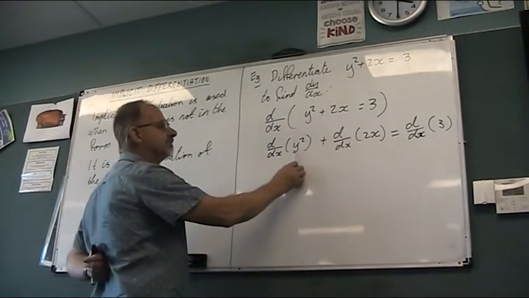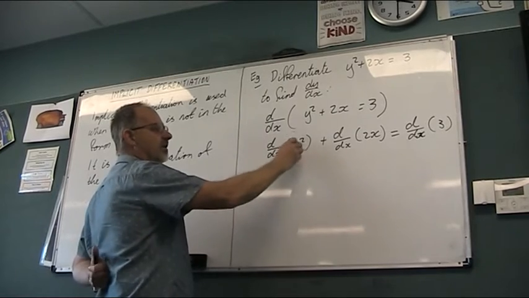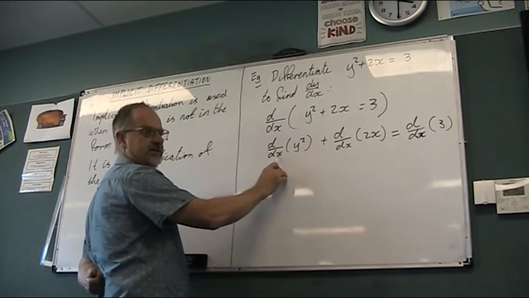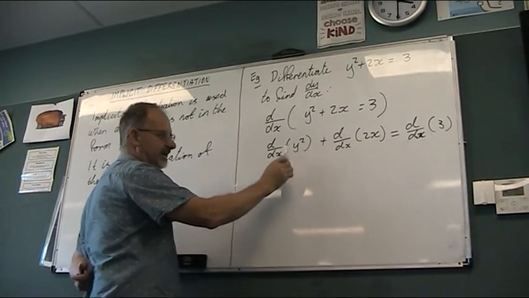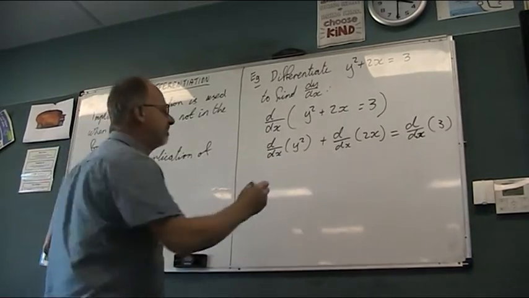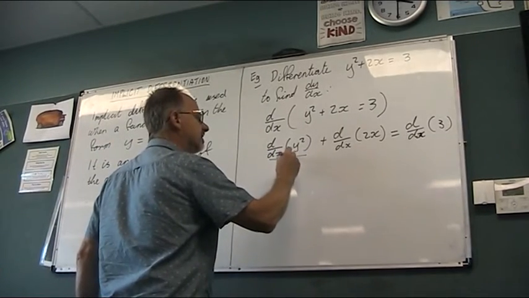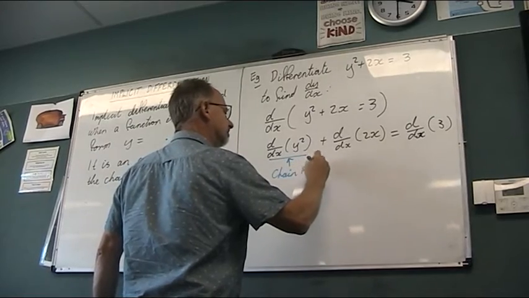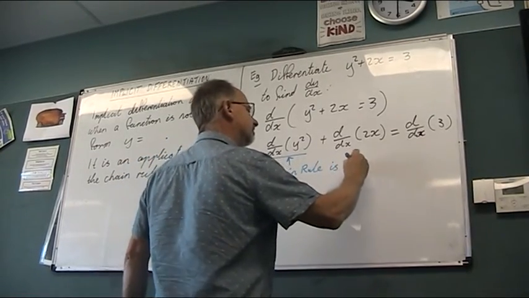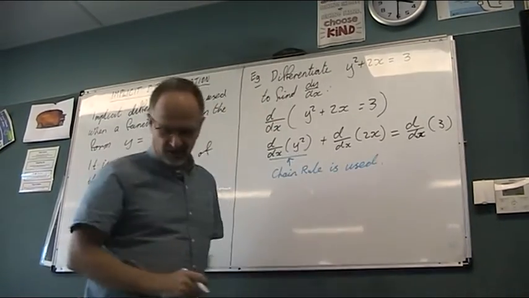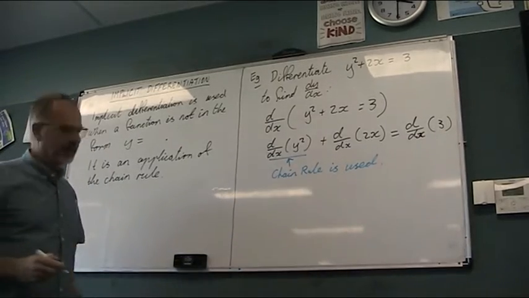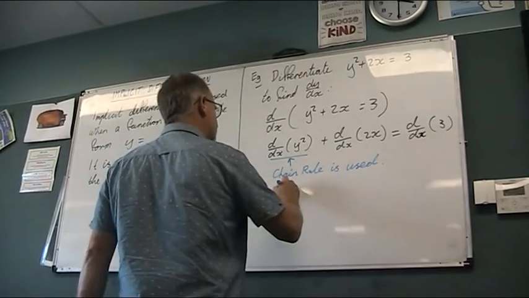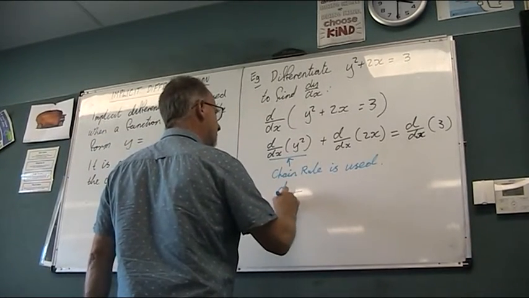But here, we've got y squared, and we're going to differentiate that with respect to x. So for this bit here, this is where our chain rule comes into it. And so what I'm going to do is split that up.